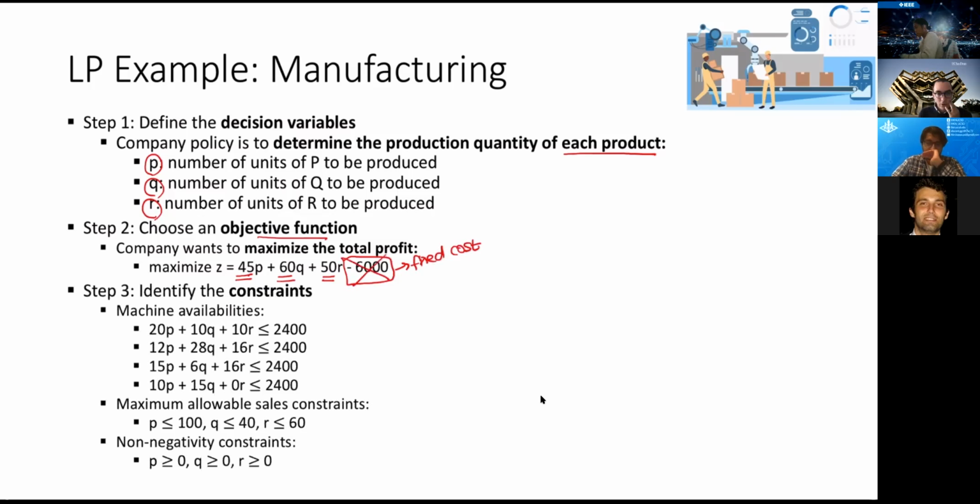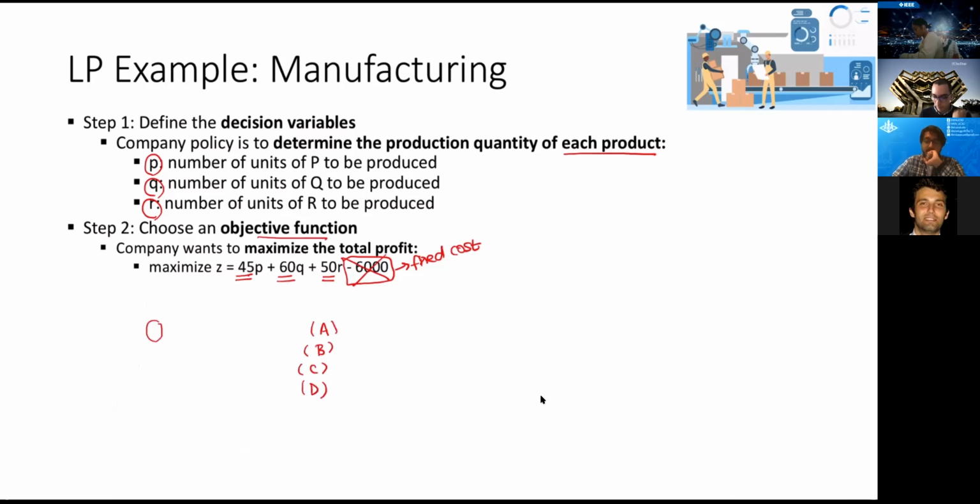Step three, identify the constraints. Remember from our previous table, what do we have? We have machine availability. This is for machine A, machine B, machine C, machine D. Where do these constants come from? They come from the previous table.